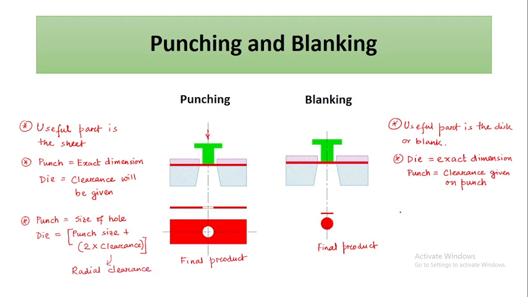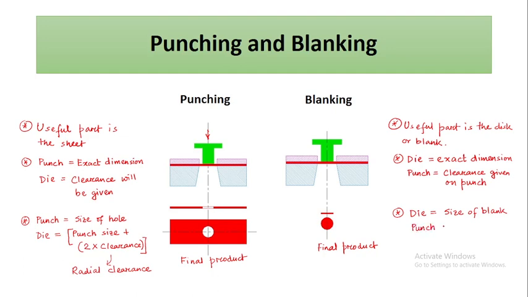Okay. Similarly, here the die will have the exact dimension. So we can write that the die size will be the size of the blank, because our output is the blank. So the size of the blank will be the die size. That we know. So what will be the size of the punch?